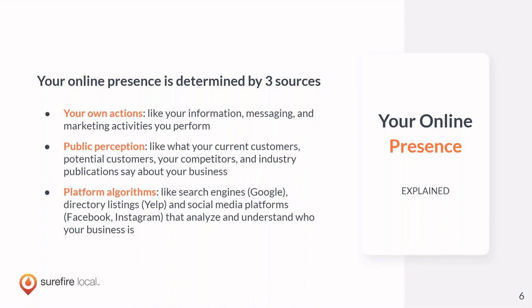So the algorithm can be anything from the all-seeing eye of Google, like we just discussed, to other more secondary directory listings such as Yelp, and then of course the discussion and the content that you're pushing to your social media platforms, like the ever-present Facebook and Instagram, and how that analyzes and understands who your business is.